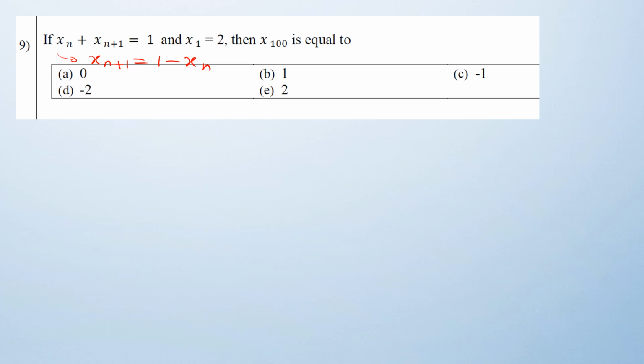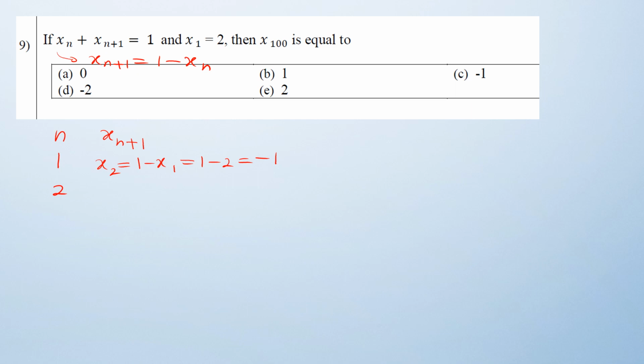When n equals 1, xn plus 1, that is x2, equals 1 minus x1. Then we have 1 minus 2, that is equal to minus 1.